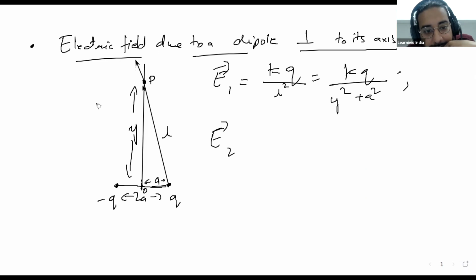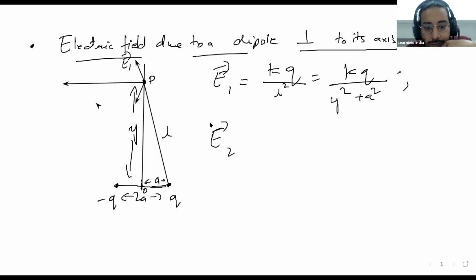And what about the minus one? So inwards. Lovely. So your net field will essentially be in this direction. Okay, so this is your E1.